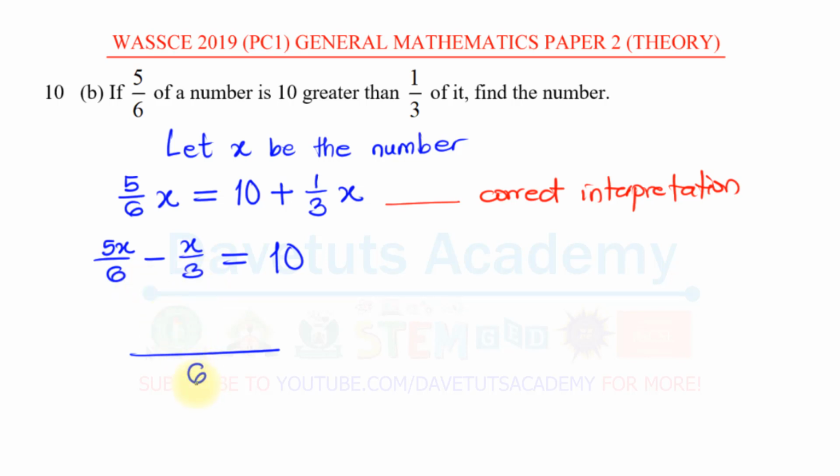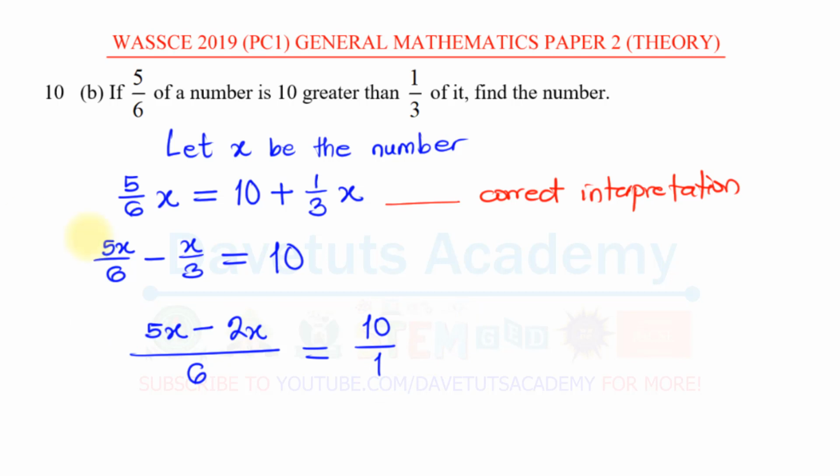So 6 divided by 6 is 1, and 1 times 5x is 5x. Then this negative sign: 6 divided by 3 is 2, and 2 times the numerator x is 2x. So we're on the same track. So 5x minus 2x over 6 is equal to 10/1.